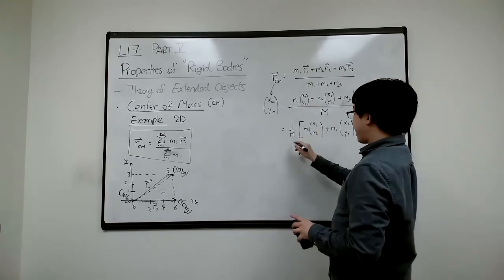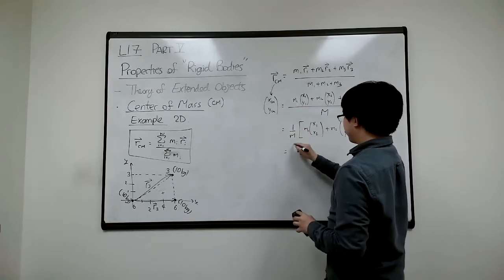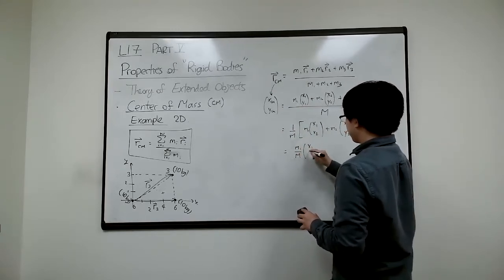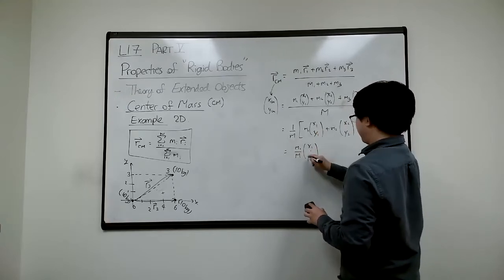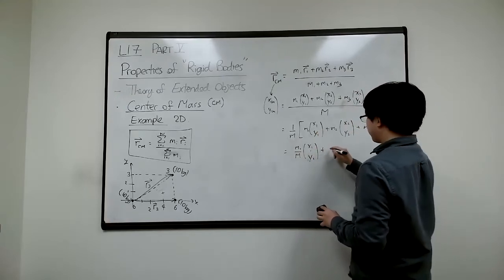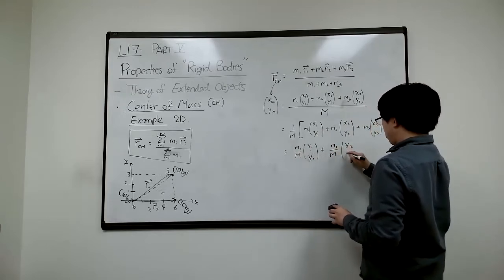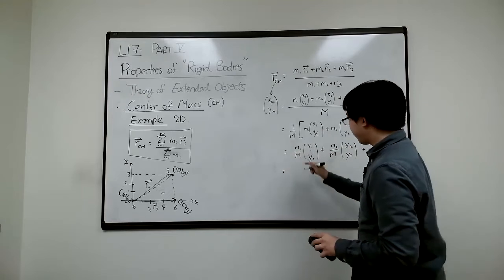I can multiply the M in, in a separate step. So M1 over M of (X1, Y1), plus M2 over M of (X2, Y2). I won't write the third one, just to save a little time.